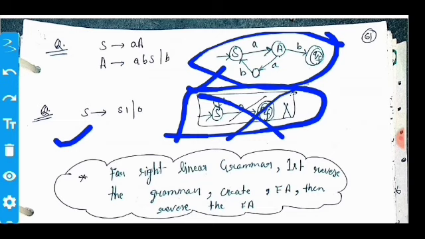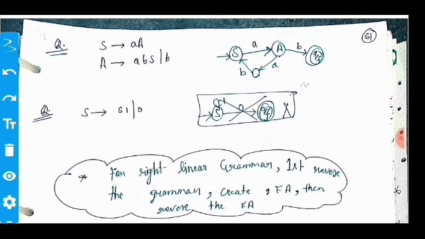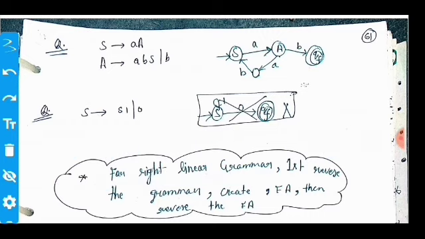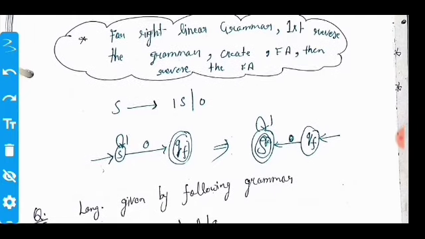Why? Because for a right linear grammar, first reverse the grammar, create the finite automata, then reverse the finite automata. Hence we create it like this.